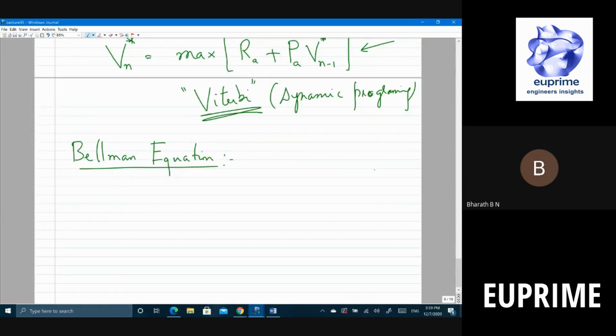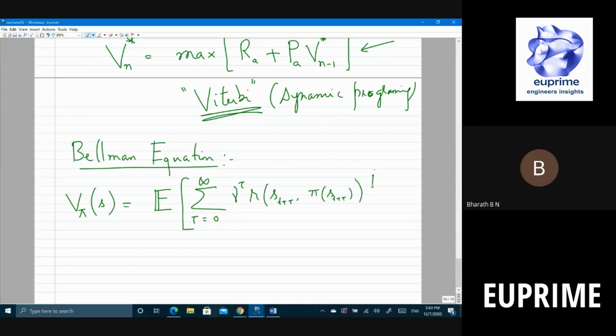Now let's look at what this results in. Let's look at V pi of S. This is nothing but the expected value of the summation, tau equal to 0 to infinity, of gamma to the tau times the reward, reward of s at t plus tau and pi of s at t plus tau, given s t is S. This is what we get.